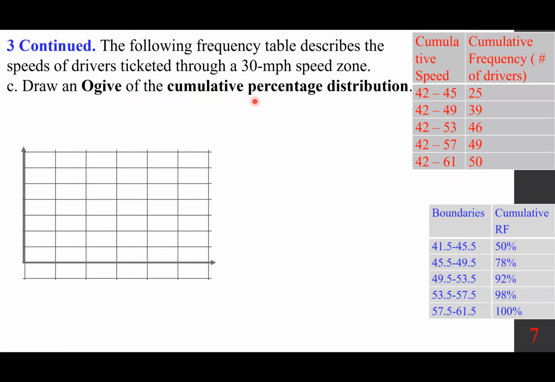When we have a grid, along the horizontal axis or the x-axis, we always put the boundaries. So we put 41.5, 45.5, all the way to 61.5. So the very first thing is along the horizontal axis, we put those. What about here? Well, we put either frequency or percent frequency. We just read, we make sure we don't make a mistake.